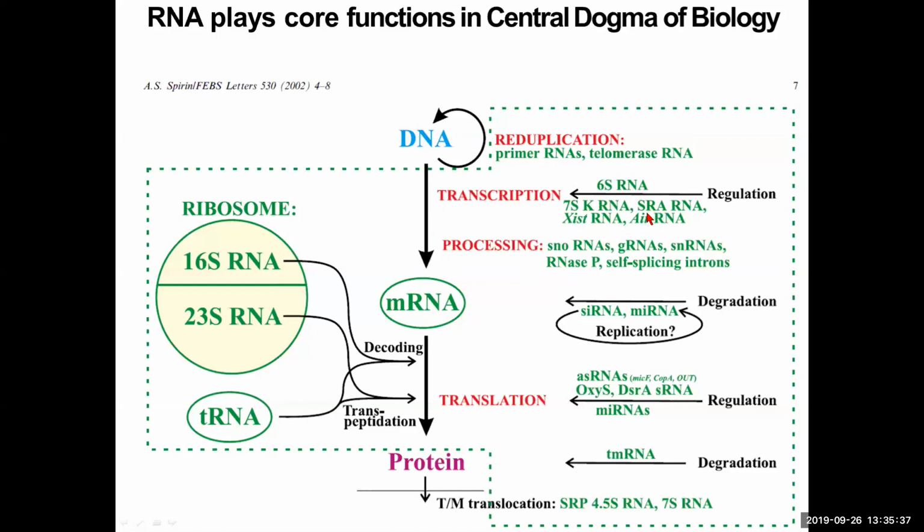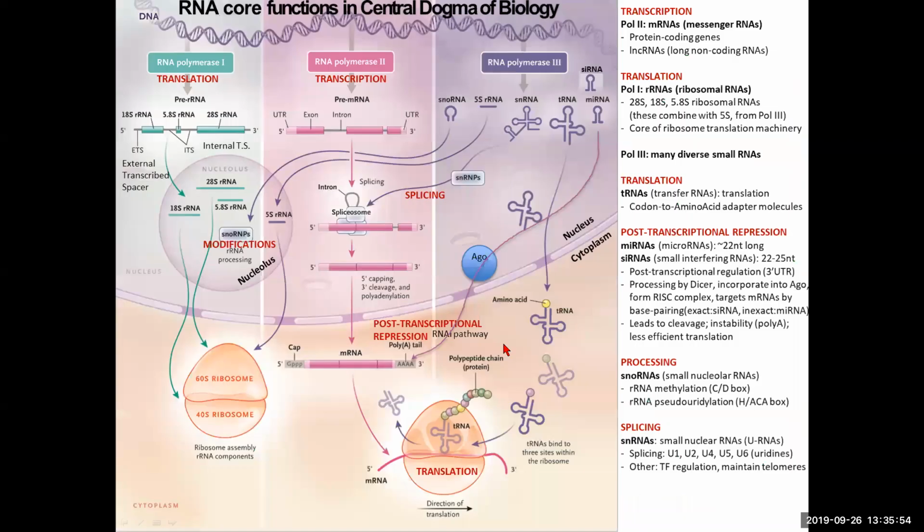All of these guys are actually long non-coding RNAs that help code the genome and silence chromosomes. In processing of the transcripts with snoRNAs, small nucleolar RNAs, and self-splicing introns, etc. And it's basically extremely diverse in the kinds of functions that it can carry out.